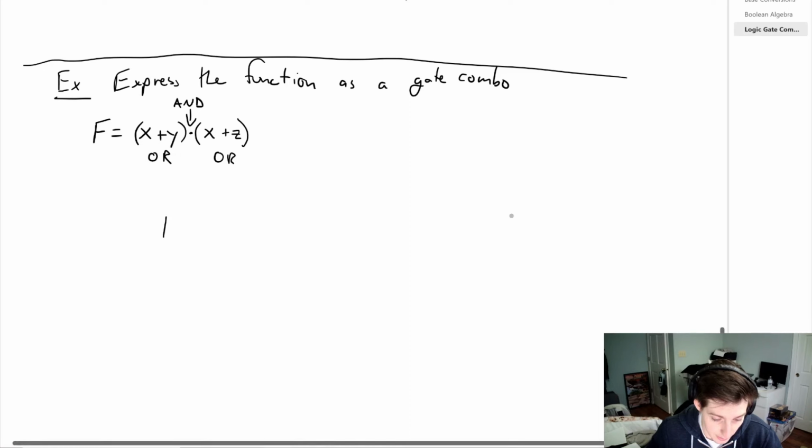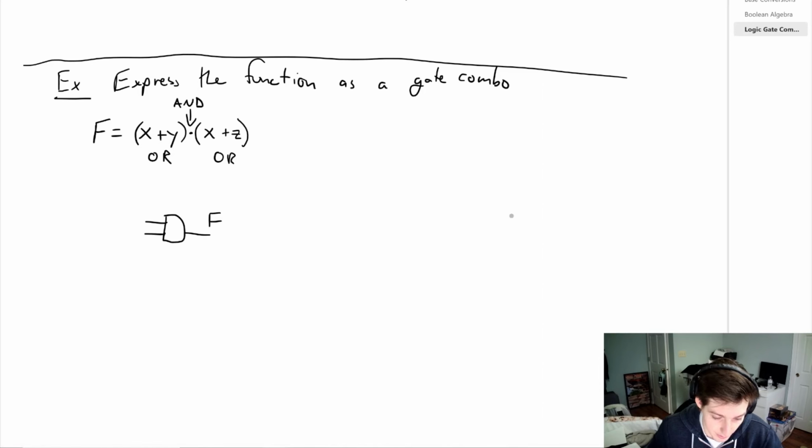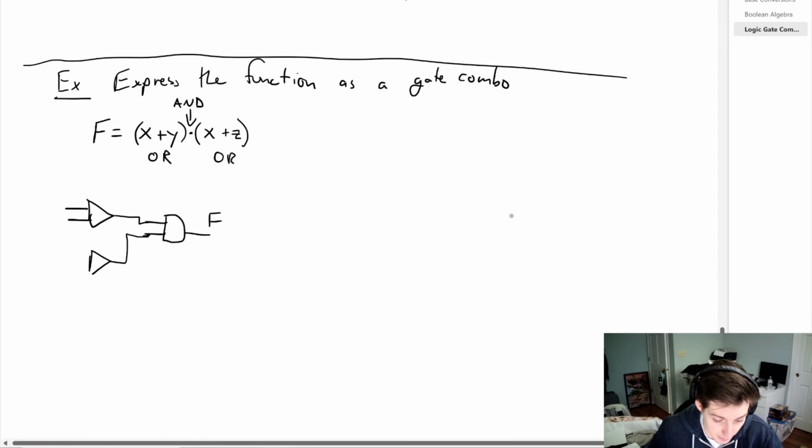So what we can do is have our last gate being the AND gate. That's going to be F. And those inputs are going to be equal to the output of an OR gate and an OR gate. And the inputs of those OR gates, the first one is going to be X, Y. And the inputs of the second one will be X and Z.